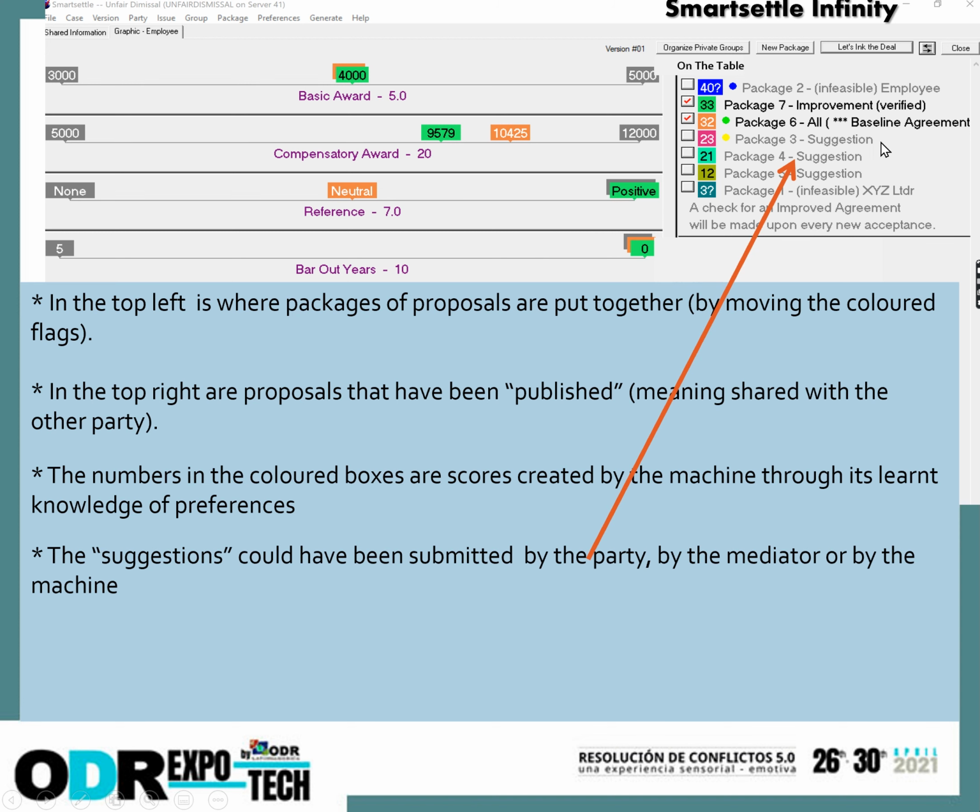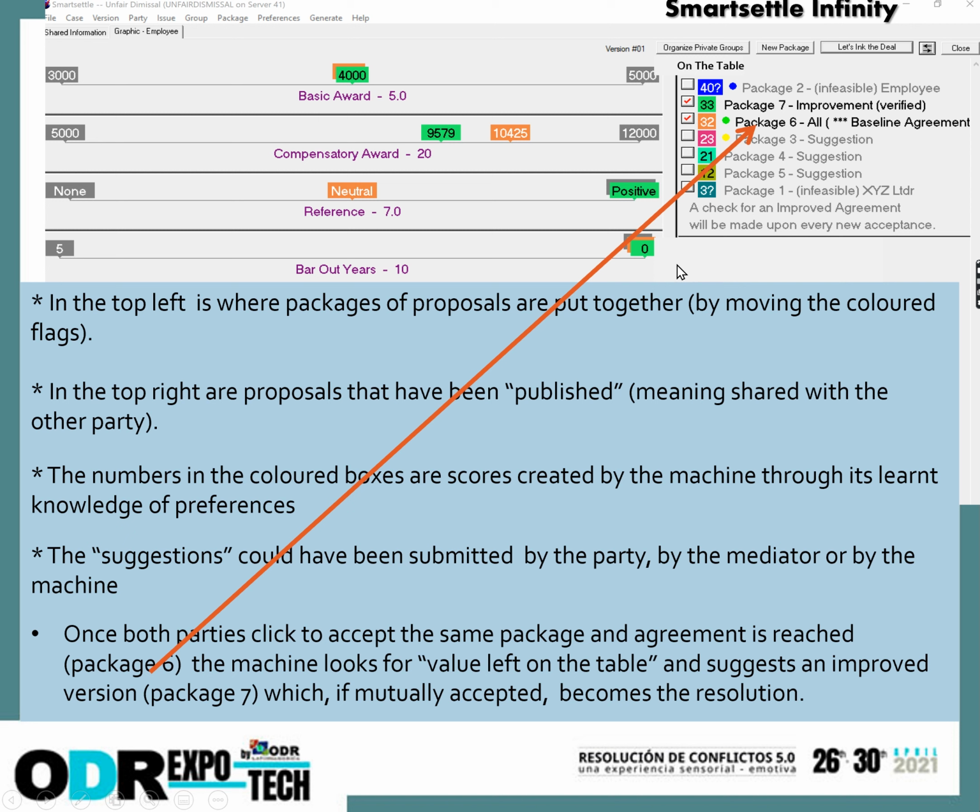Now here you'll see three of these packages which have the word suggestion on them. The one at the top has got employees, so that's been put forward by the employee. Here there is suggestion. Now you do not know, the other party, whether this has been put together by your opponent or by the mediator or by the machine in the way that I mentioned.